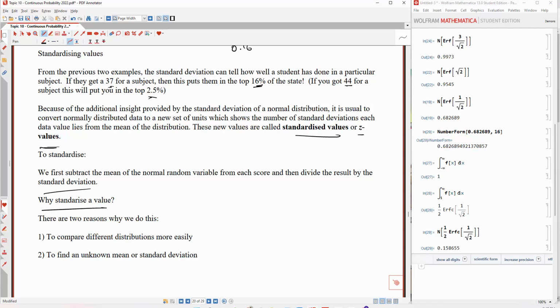So why do we standardize? It's to compare different distributions more easily. We also often do it because a question will ask us to find an unknown mean or standard deviation.